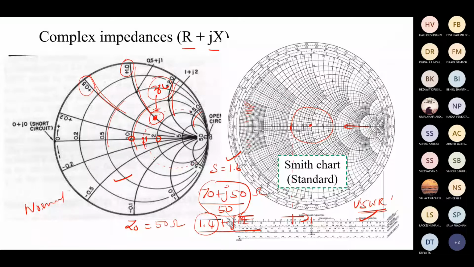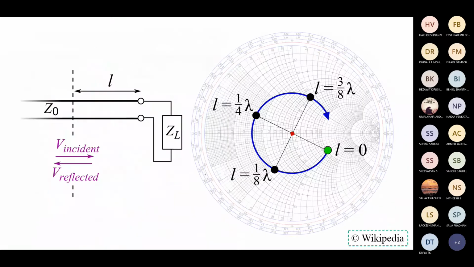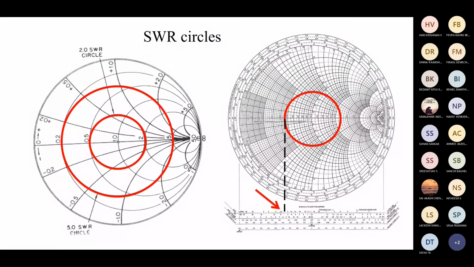Since it is solving almost infinite possible problems, people always refer to this simple, very humble chart as more than a computer. So we can draw VSWR points and all the way. That is what we discussed here. Now we will see how to use this Smith chart for various other applications.